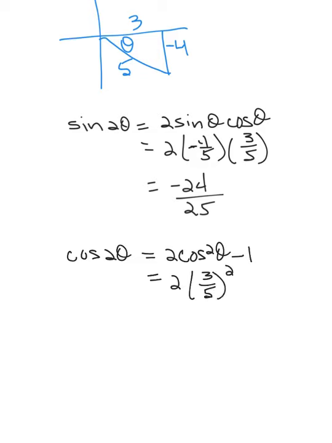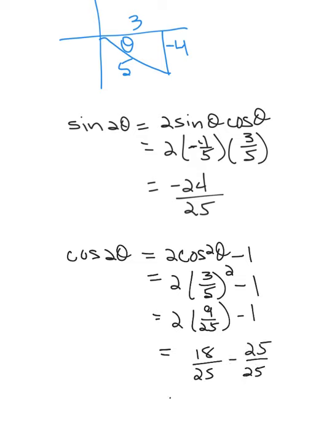We're going to square that, subtract 1. So we're going to have 2 times 9 over 25 minus 1. This will give us 18 over 25 minus 25 over 25, which gives us negative 7 over 25.